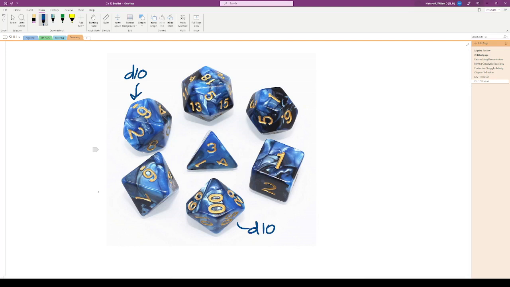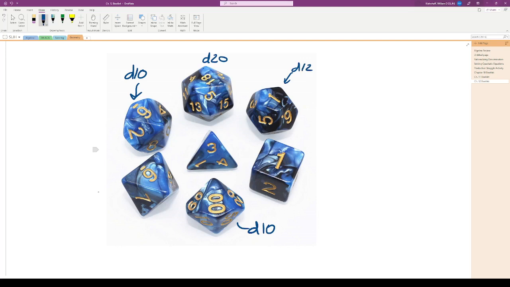But since we work in a base 10 numbering system, it kind of makes sense that we would gravitate toward something that has 10 sides. So this shape, you can see, doesn't have regular faces. The D20 right here, which is our icosahedron, has all triangular faces. Our D12 has all pentagonal faces.